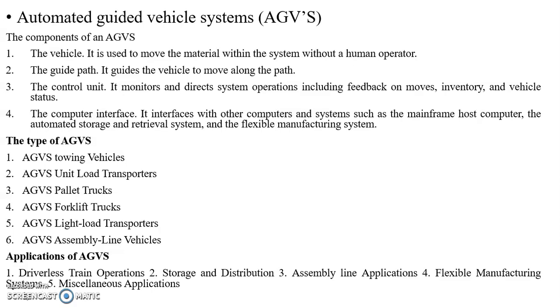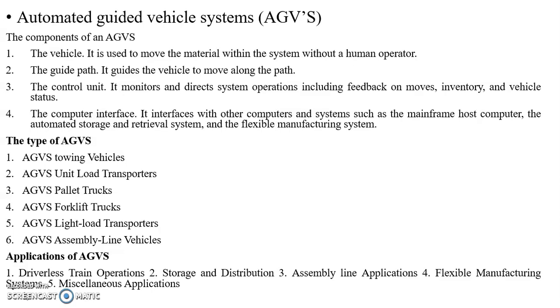And next one is AGV unit load transporters. Unit load means there are several parts loaded into a single load, that is called a unit load. These unit load transporters are often equipped with an automatic load transfer and normally used in warehousing and distribution systems. Here, the guided path lengths are relatively short, but the volumes are high.